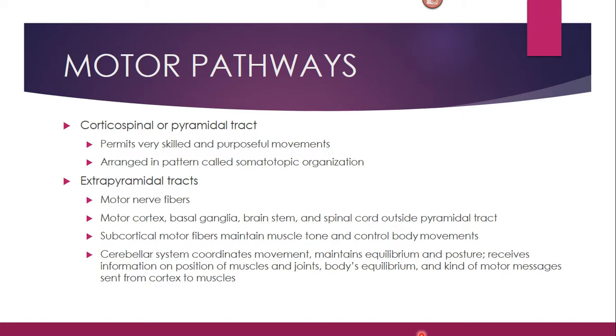And remember our cerebellum, we talked about it, maintains equilibrium, movement, and posture. It's receiving information on position of muscles and joints. So this is all working in concert so that we'll be able to move in a controlled and smooth way throughout our day.